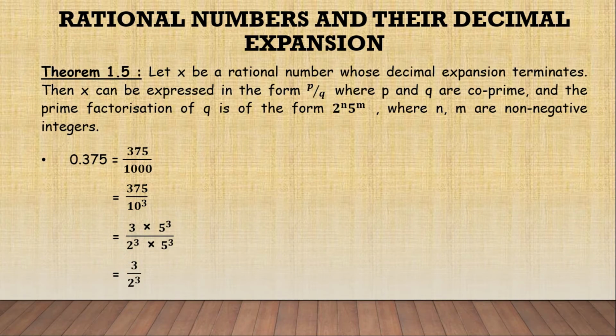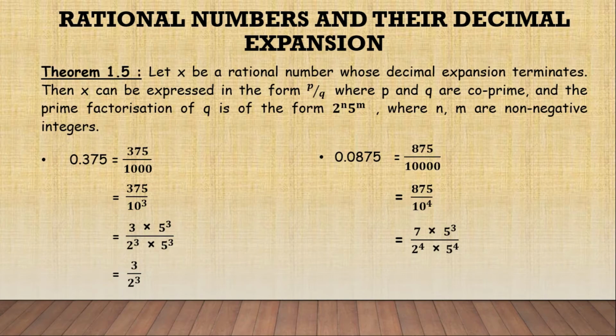Let us take one more example. 0.0875, which is equal to 875 upon 10,000, 875 upon 10 to the power 4, which is equal to 7 into 5 cube upon 2 to the power 4, which will give 7 upon 2 cube into 5. Again here, 0.0875 is a rational number with a terminating decimal expansion. We have written it in the form p by q, and q, that is the denominator, is in the form 2 to the power n into 5 to the power m.